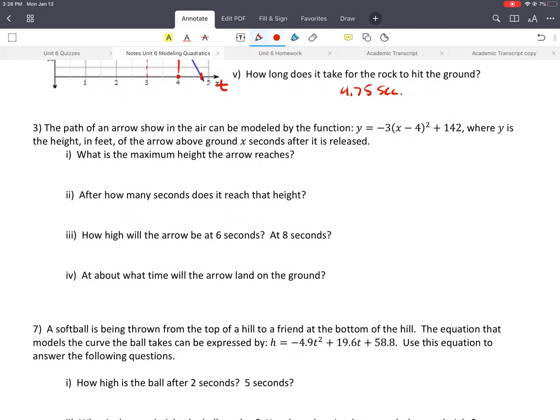So let's try 3. The path of an arrow shot in the air can be modeled by the function y equals -3 and so on, where y is the height in feet of the arrow above the ground x seconds after it's released. Okay, so let's graph this.